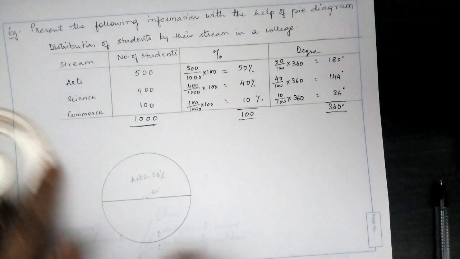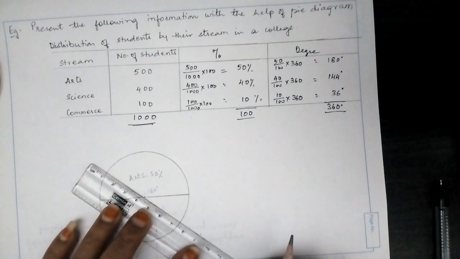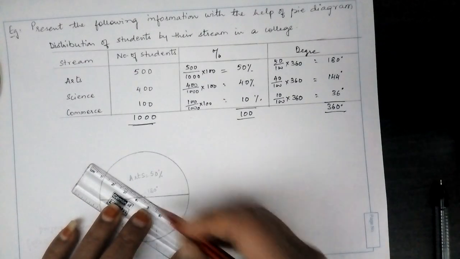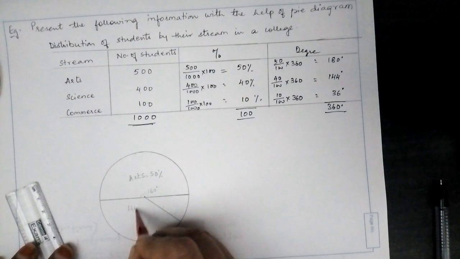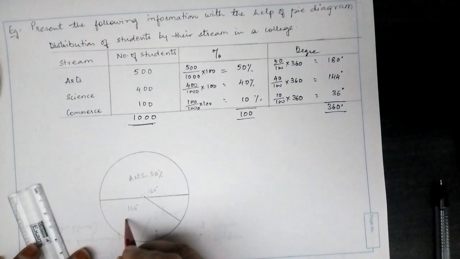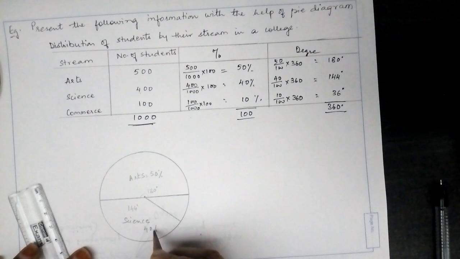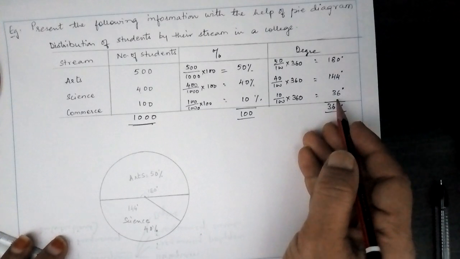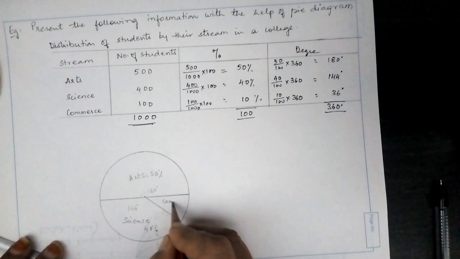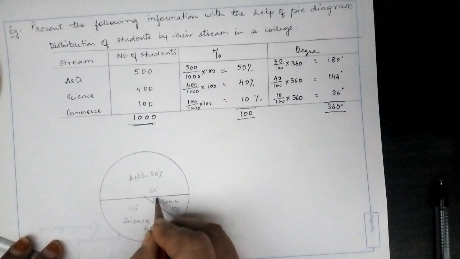So from the center, we will draw a line to touch this 144. So this is 144 degrees. So this is science. And science is what percentage? 40%. So the rest, the only one we are left with, is commerce. And commerce is 10%. And the angle is 36 degrees.